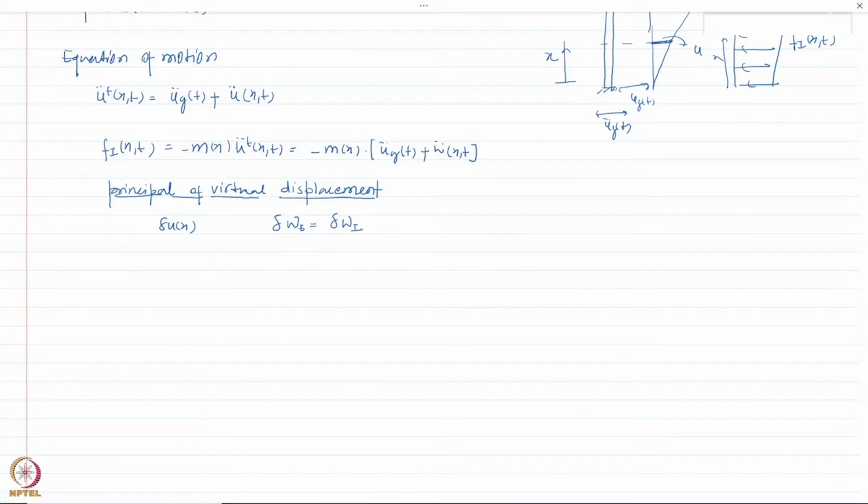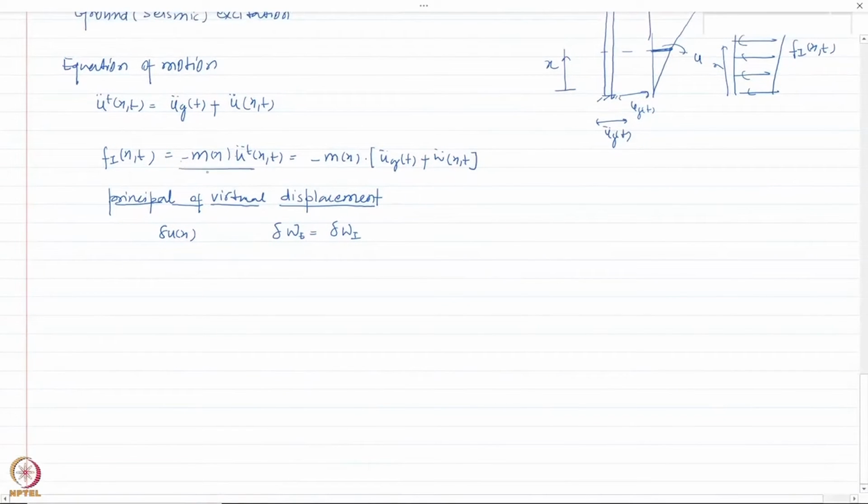If a system is under equilibrium, given a small virtual displacement, then the work done on the system by the external forces is equal to the work done by internal forces. The external forces, as I have mentioned, is this inertial force here.